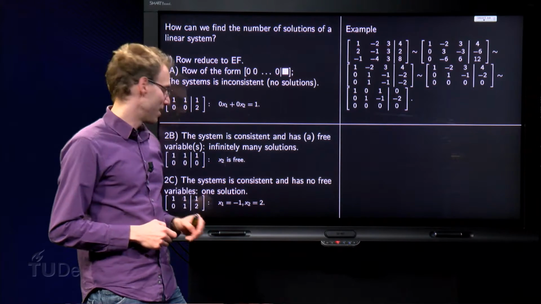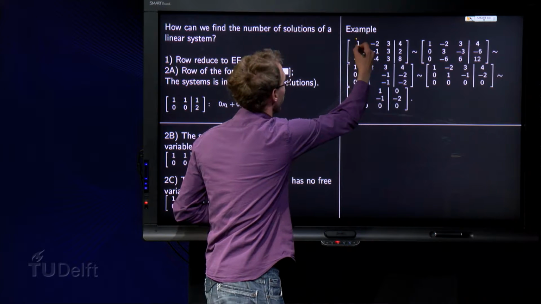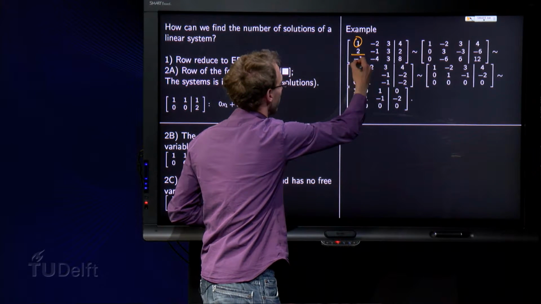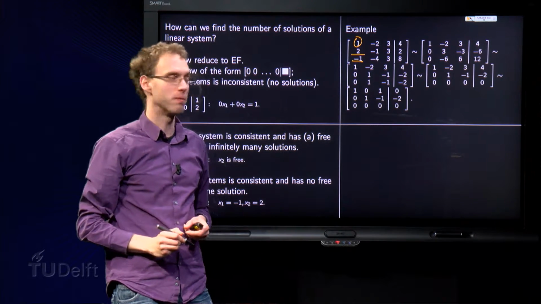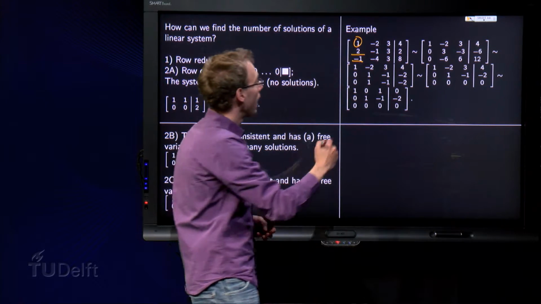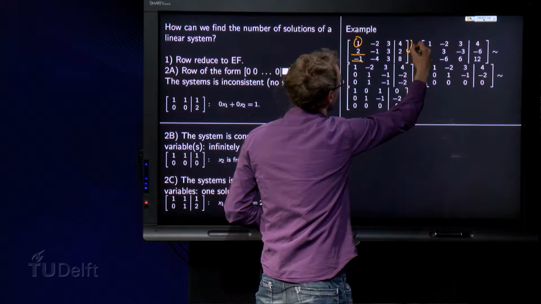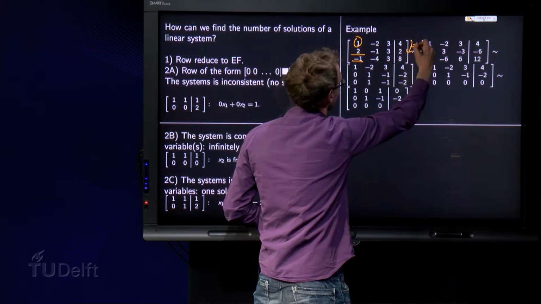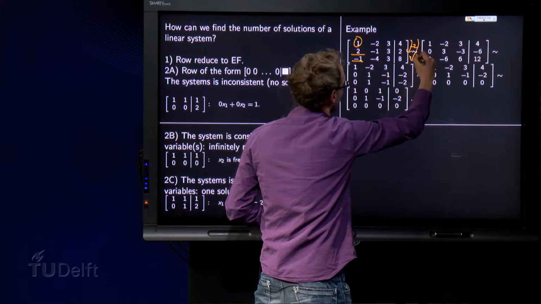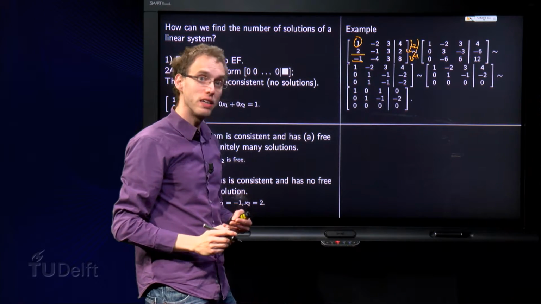So let's try. First of all, you want a 1 over here and zeros here and there, preferably. Well, the 1 is already there. How convenient. How do we get zeros here and there? By adding the first equation minus 2 times to the second one and adding it up once to the third equation and copying the first one.